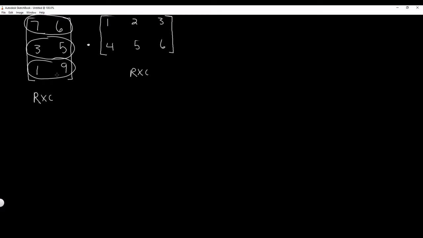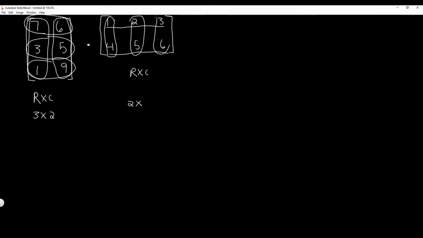Rows go from left to right, so this is going to be a 3 by, and columns are up and down, so 1, 2. This is a 3 by 2 matrix. If we did the same thing here, there's 1 row, 2 rows, so this is a 2 by 1, 2, 3. This is a 2 by 3 matrix.